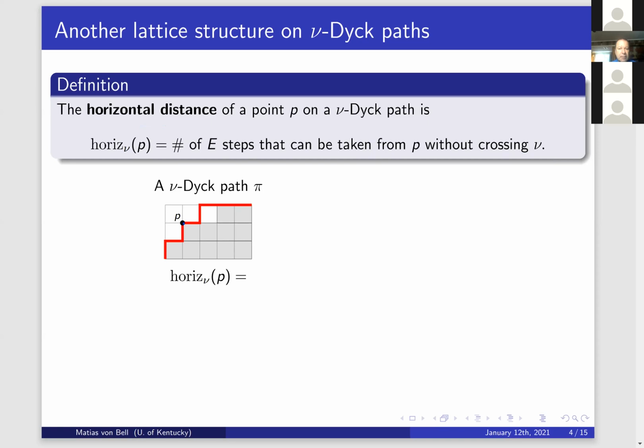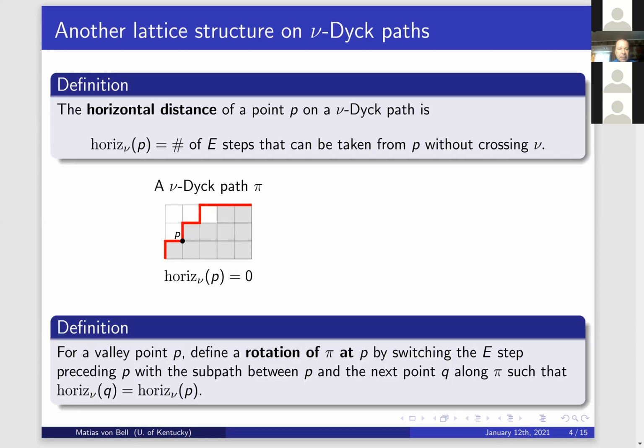Here's my point P. I can take one, two steps. If I took a third step, I would cross over into the gray region that's below ν. So I can only take two steps, and therefore the horizontal distance at P is 2. Shifting P down one unit, the horizontal distance is 0, because I can't take a single east step without crossing ν.